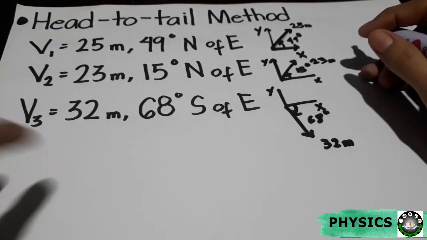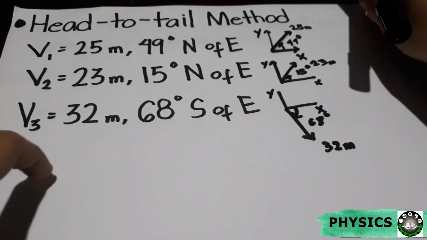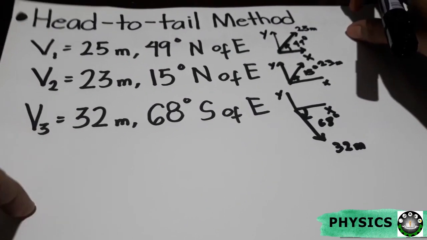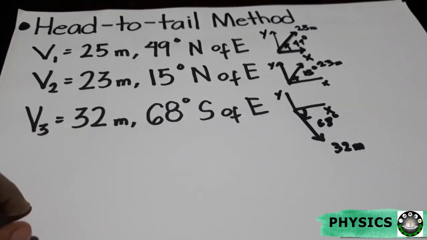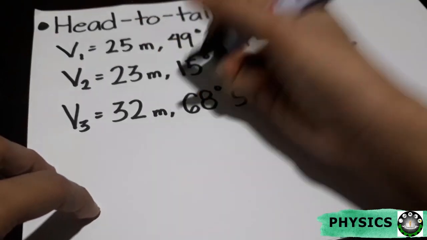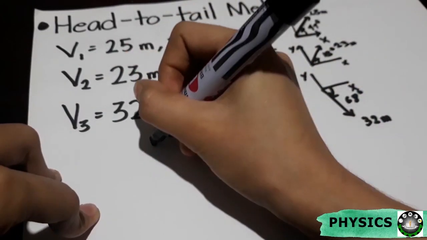So, ganyan yung free body diagram nilang tatlo. But this time, pagsasama-samahin natin sila dito sa head-to-tail method, wherein magiging ganito yung free body diagram nila.